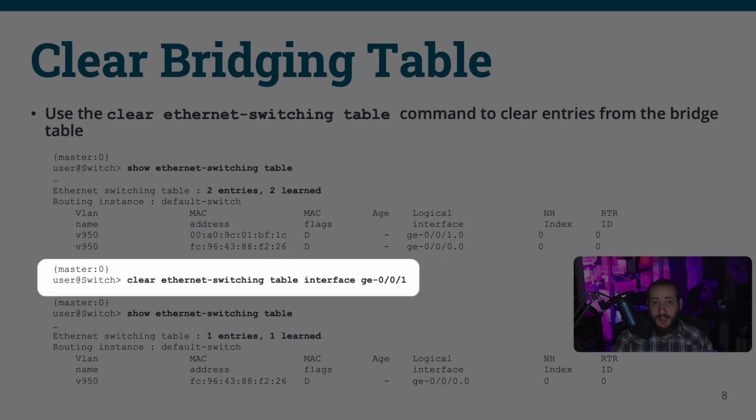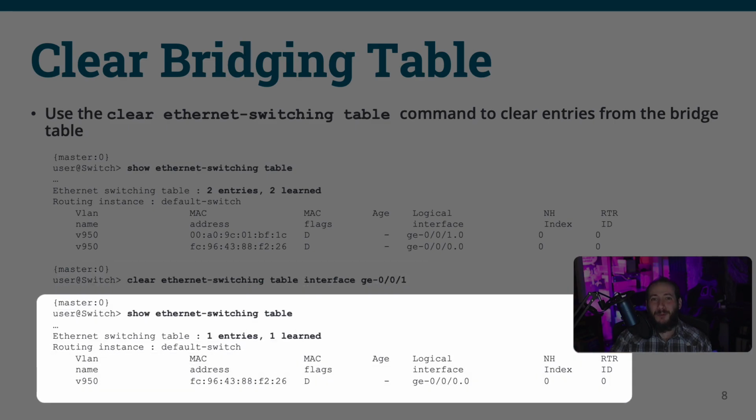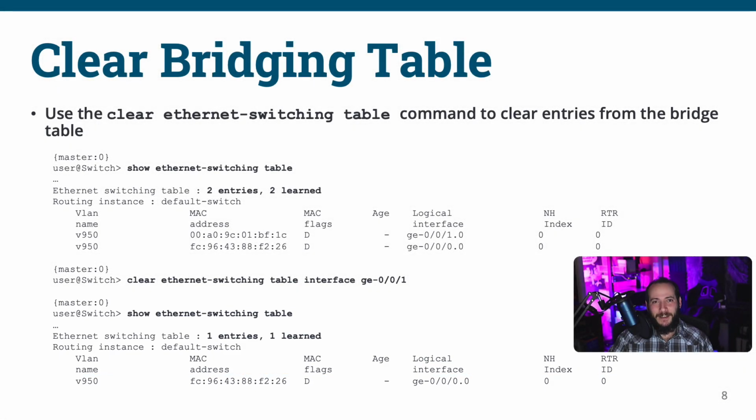We issue the clear ethernet-switching table interface ge-0/0/1 command and take a look at the bridging table once again. We see that the entry for ge-0/0/1 has been removed, as it was administratively deleted from our bridging table. This can be a powerful troubleshooting tool, however, it should also be done with care.